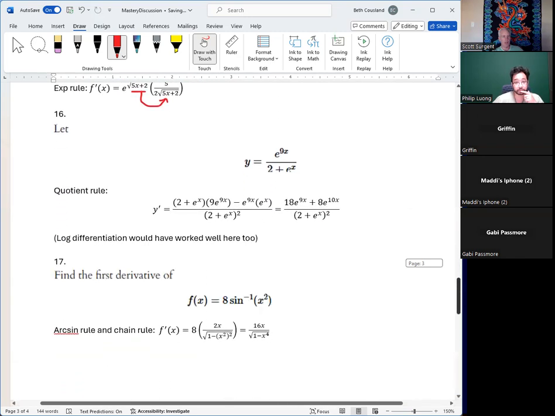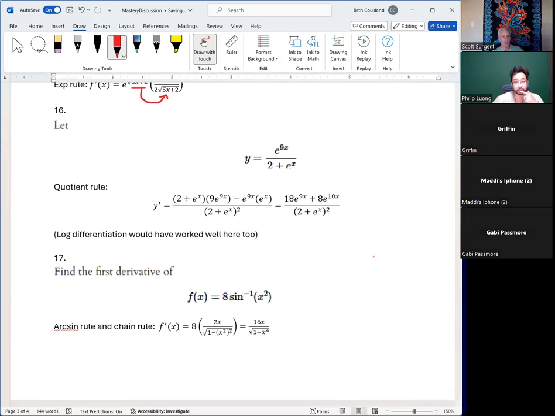Okay, 16, 17. Let's see what we got here. The function was e to the 9x on top, 2 plus e to the x on the bottom. This one is really only, quotient rule is really the best way to do it. I guess it's not the cleanest, but it works.